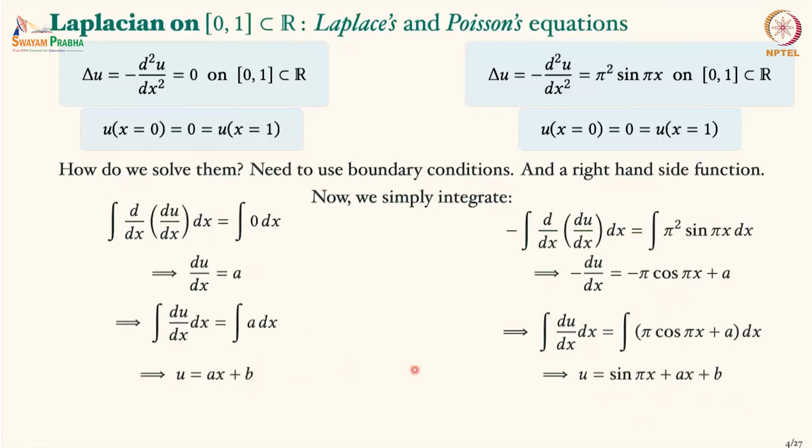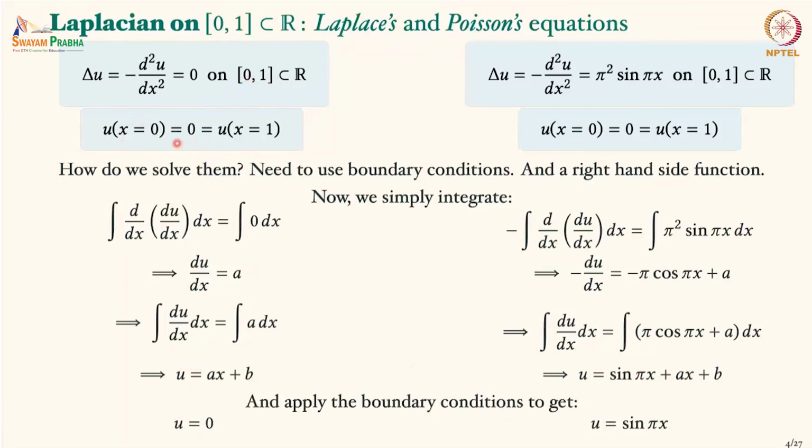If you want to know the solution corresponding to this boundary value problem, you apply the boundary conditions. For the Laplace's equation, in retrospect, it's obvious that the solution is 0, since the value of the function on both these bounding points is 0.